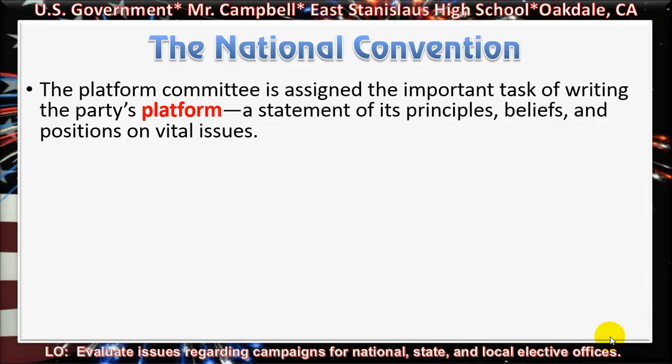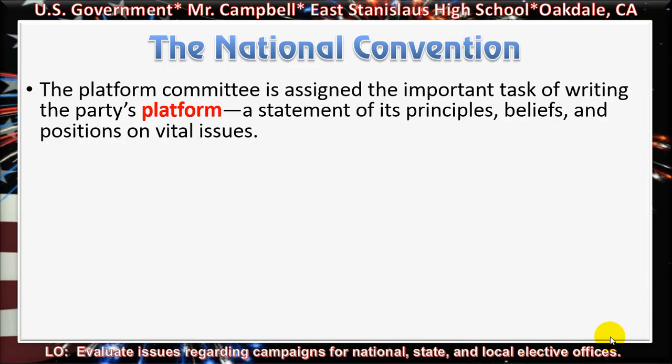So this happens, once again, as a part of the National Convention every 4 years, and sometimes they drop things out of the party platform that maybe they no longer feel should be there. There are many different beliefs, principles, and positions on different issues that are a part of each party's platform. But one example is the issue of abortion.